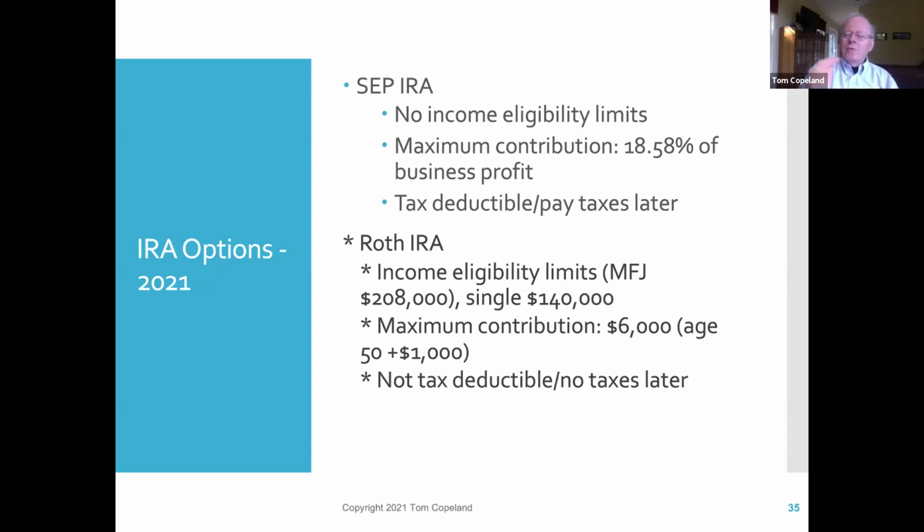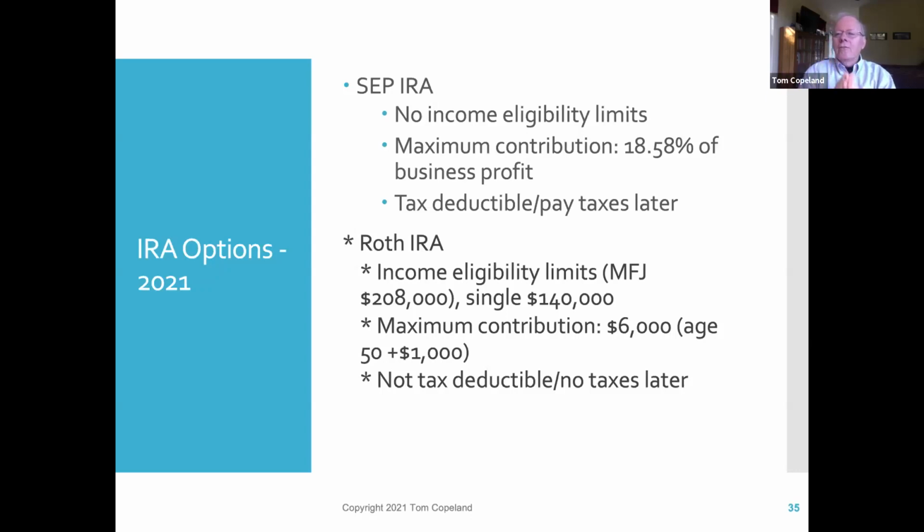If your profit is $20,000, you can only contribute about $3,600. So as you can see, the SEP IRA only makes sense if your profit is $70,000, $80,000 or more to be able to contribute more to a SEP than you could to a simple IRA. You get a tax deduction on the contribution, and you pay taxes later.